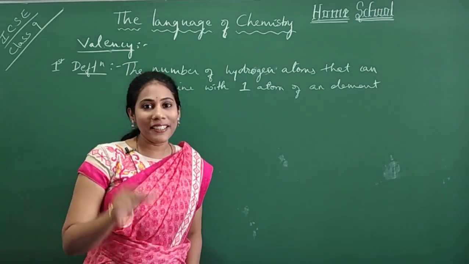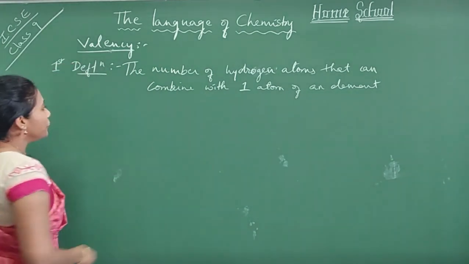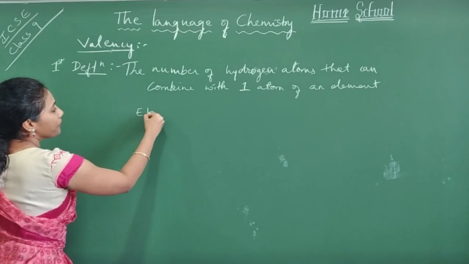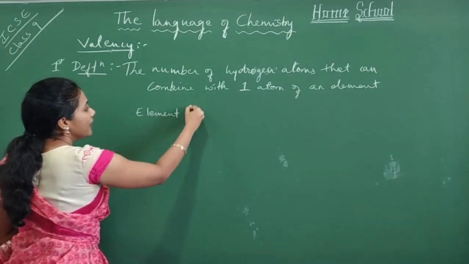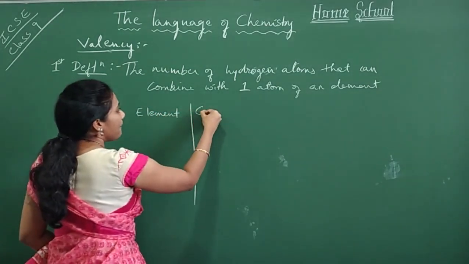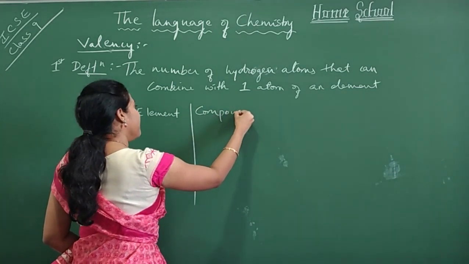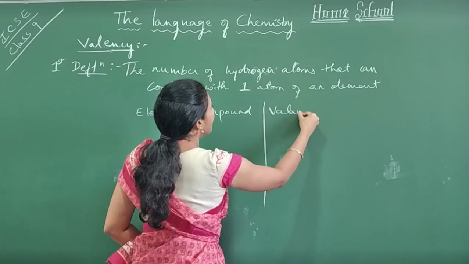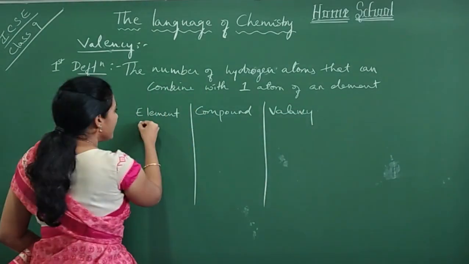To understand it in a better way, just try to write like this. We have a particular element. Let us imagine its compound with hydrogen, and later figure out the valency of that element.